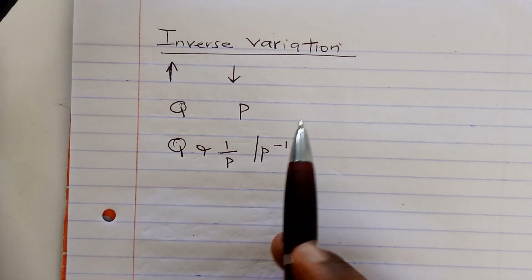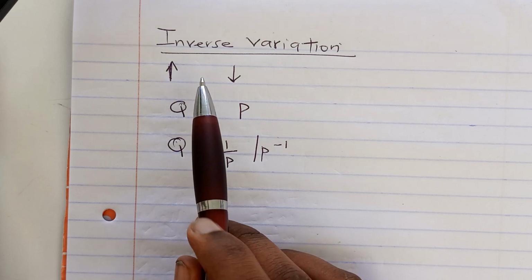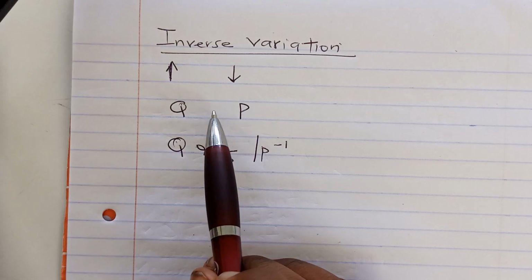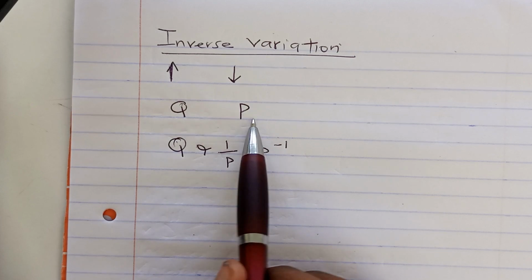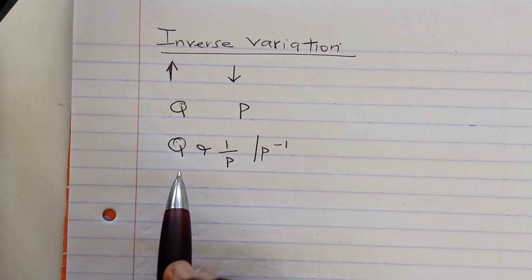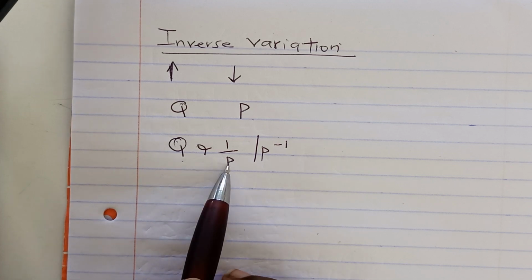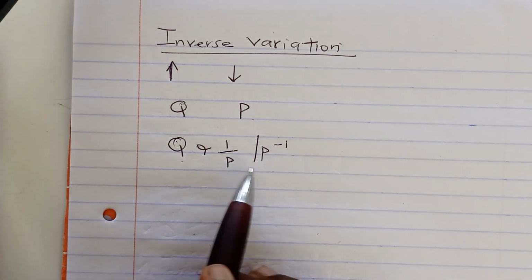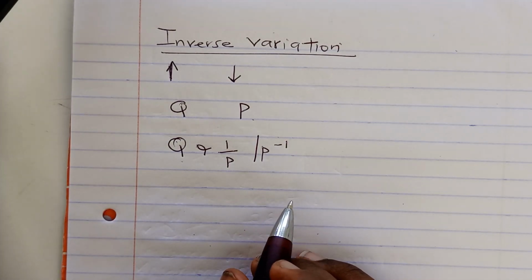In inverse proportionality, an increase in one value results in a decrease in the other. So if you're told a number varies inversely as another number, we put that number as 1 over that particular number, or that number raised to -1.